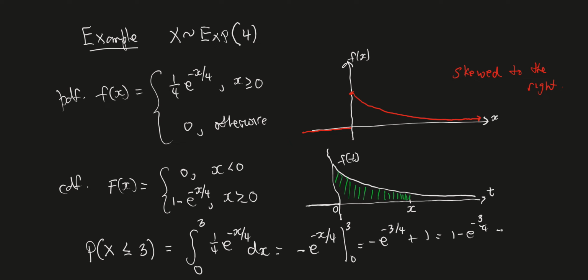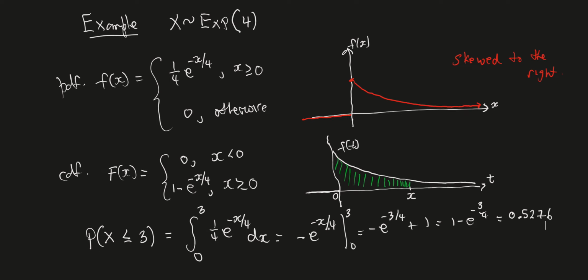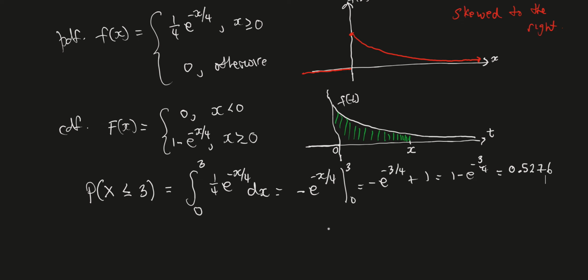And as a decimal, this is 0.5276, right? So that's our probability, and that's what it would look like using the PDF. Using the CDF, since the CDF already accumulates the area for us, I just have to plug 3 into my CDF.